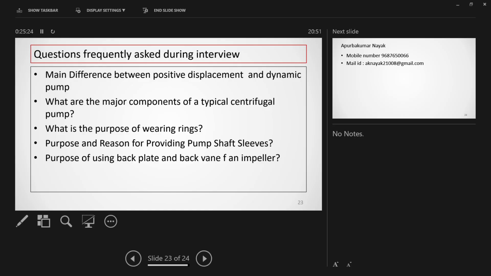Normally a pump is a very important equipment, so we normally ask the following questions: the main difference between positive displacement pumps and dynamic pumps, which I have already told you; the major components of centrifugal pumps, the rotating and fixed components; the purpose of the wearing ring; the purpose of a shaft sleeve; and the purpose of using back plate and back vane. I have already told you all of these.